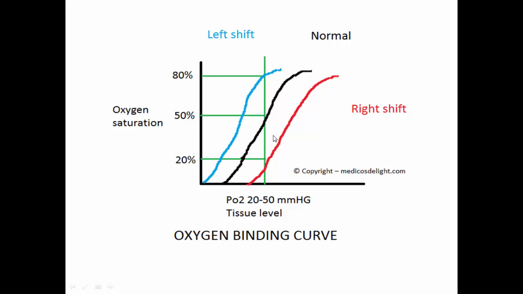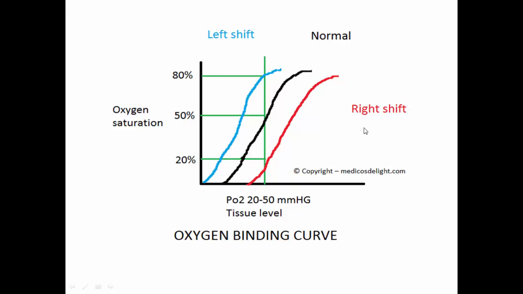You just have to remember, when the oxygen binding curve moves to right, it means more of the oxygen is delivered to the tissues. This part here, the red part, when the curve moves this side, more oxygen is delivered to the tissues. That means oxygen is less avidly bound to hemoglobin.